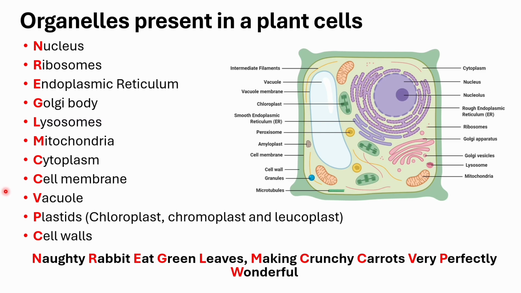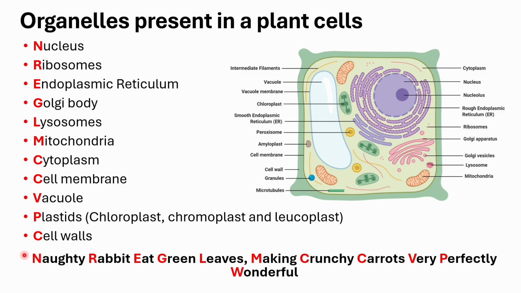So nucleus, ribosome, endoplasmic reticulum, Golgi body, lysosome, mitochondria, cytoplasm, cell membrane, vacuole, plastid, and cell wall. By saying plastid, it means chloroplast, chromoplast, and leucoplast, because plastid has different types.